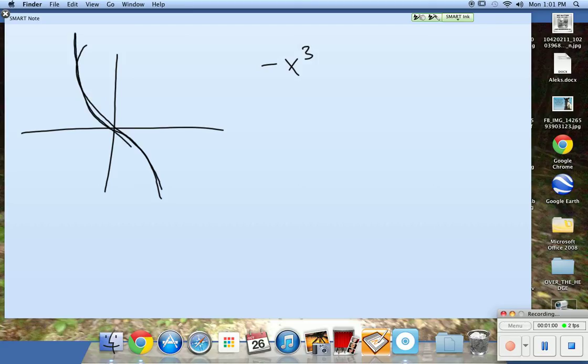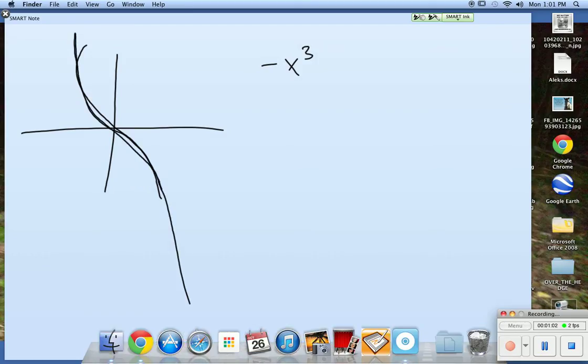It goes on for infinity both ways, but it doesn't ever break. This is called continuous. It's a continuous motion. There's no break in what's happening.